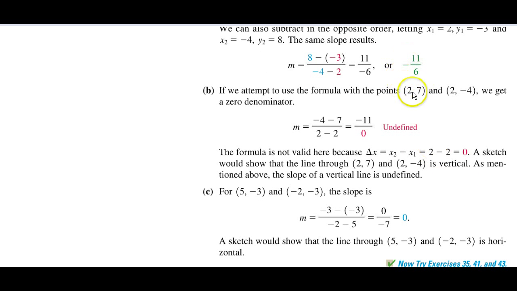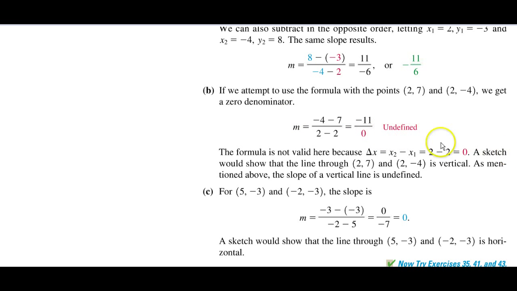Now, when we see something like this, and it's a negative 4 minus 7, 2 minus 2, that is, your denominator becomes a 0, this type of slope, whenever the denominator ends up being 0, is undefined.